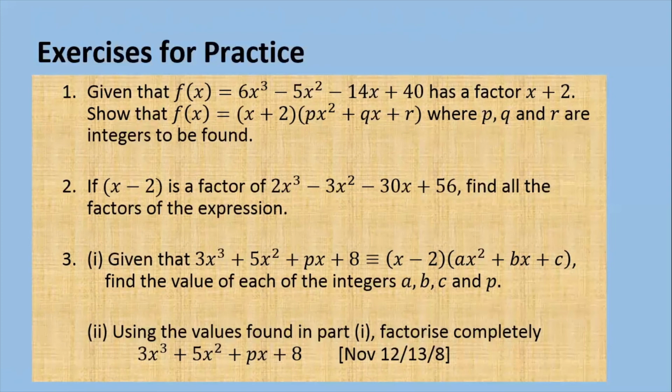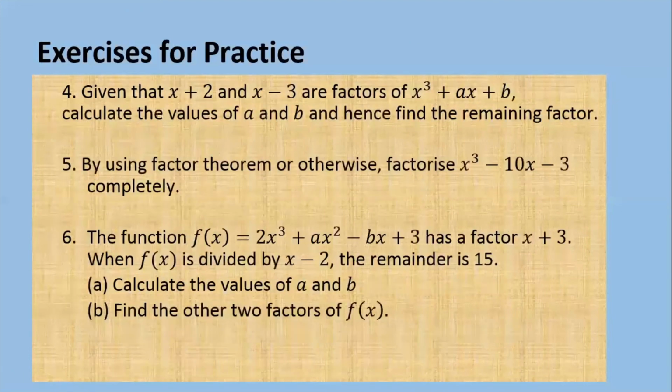Using the values found in part 1, factorize completely 3x cubed plus 5x squared plus px plus 8. Question 4. Given that x plus 2 and x minus 3 are factors of x cubed plus ax plus b, you need to calculate the values of a and b and hence find the remaining factor.